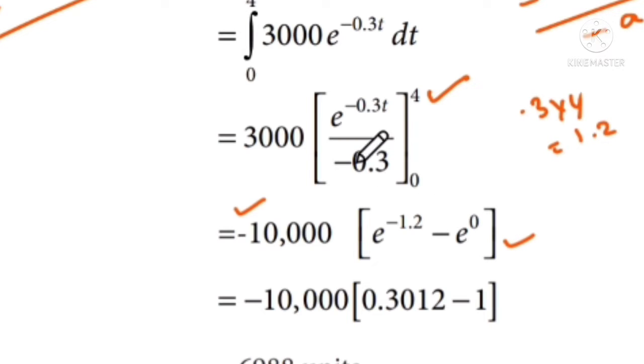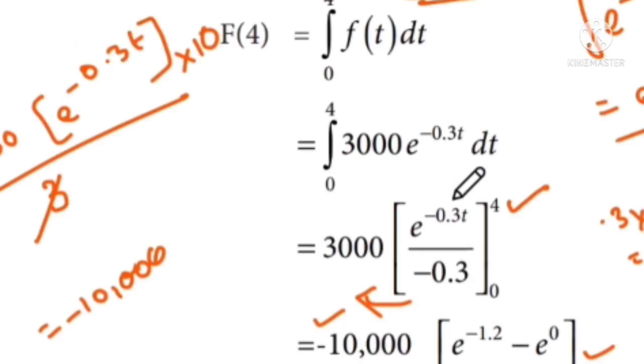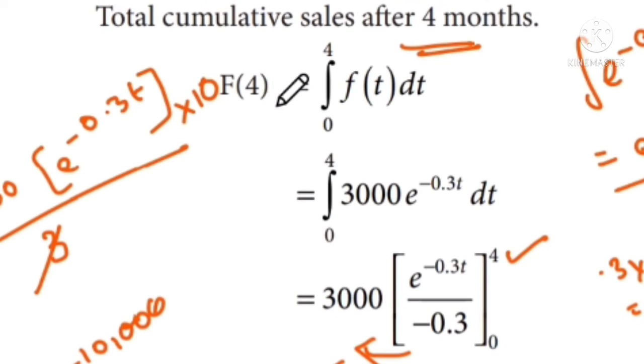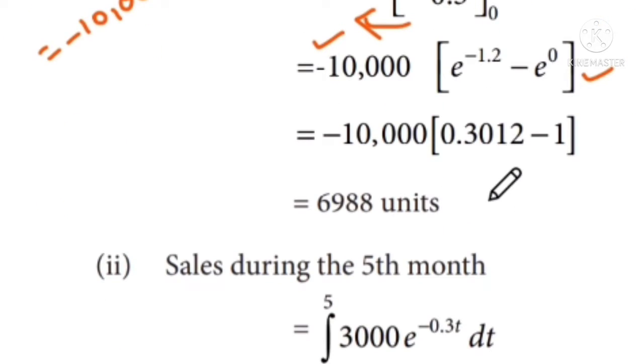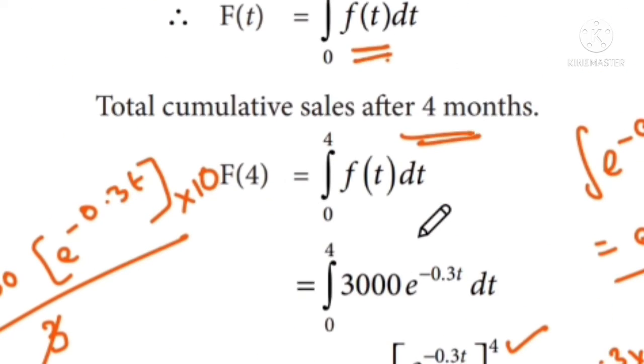So this has become 10,000 into e power minus 1.2. E power minus 1.2 value is given in the question, 0.3012. So substitute that, minus 1. What is 0.3012 minus 1? Minus 0.6988 into minus 10,000. That will give you 6,988 units. The first 4 months it is 6,988 units.